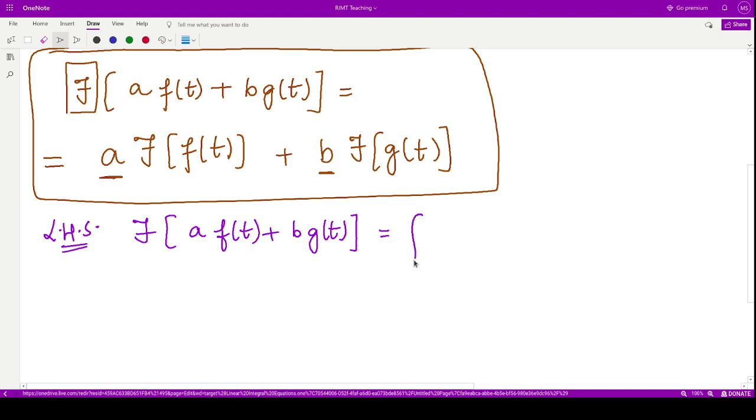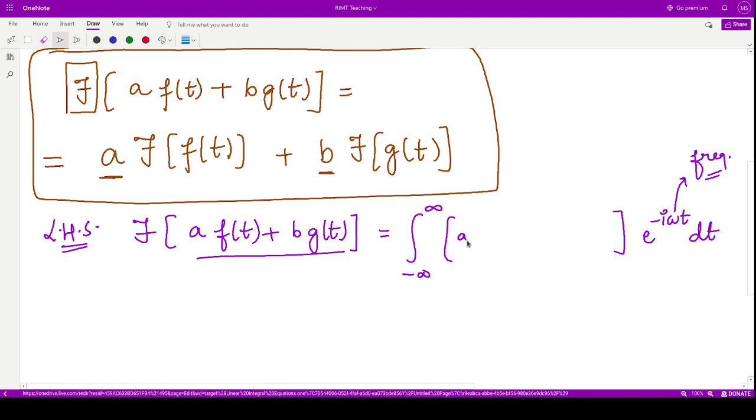According to the definition, it is the integration from minus infinity to infinity of whatever function is given to you, times e to the power minus iota omega t dt, where omega is the frequency, and the function given to us is a f of t plus b g of t.